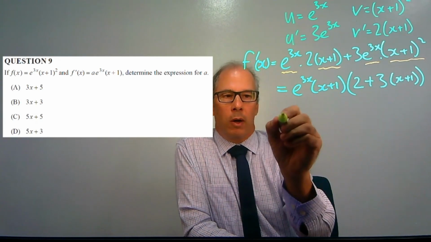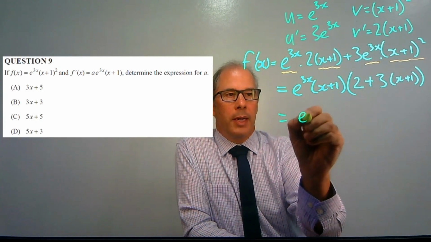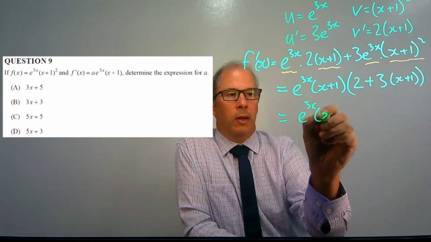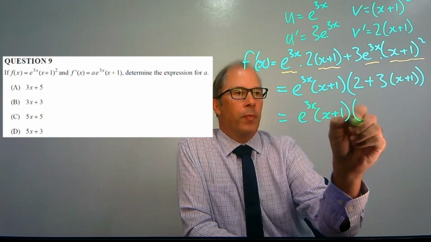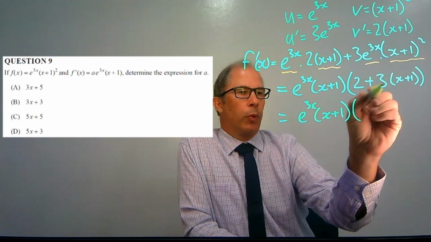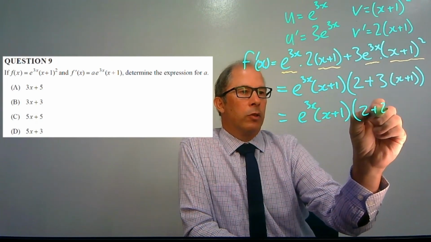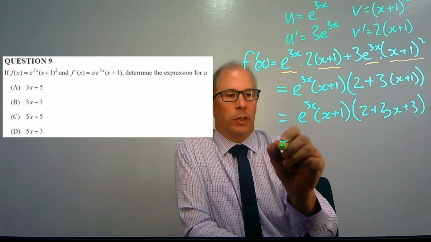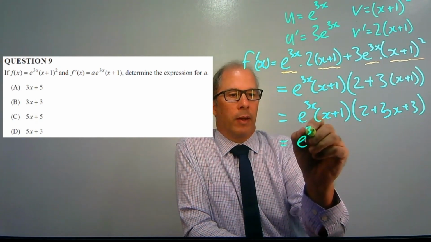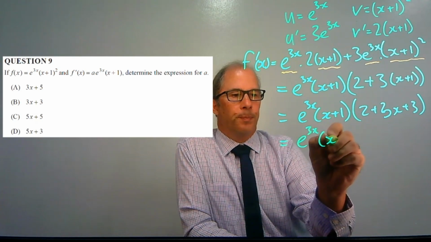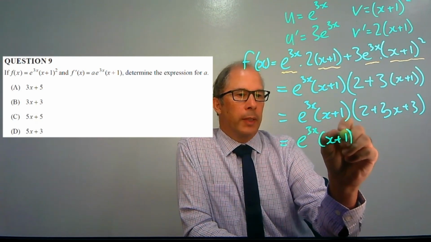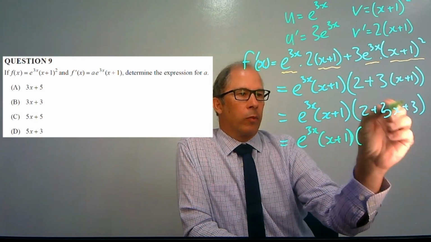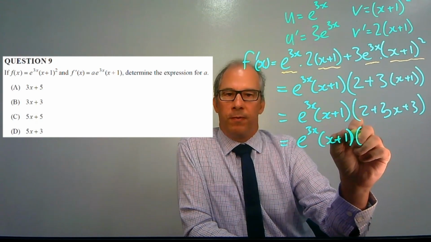So if we tidy that up a little bit, we've got e to the 3x outside of x plus 1, and then we've got 2 plus 3x plus 3, and if I simplify that further, that gives me 3x plus 5 in that bracket.